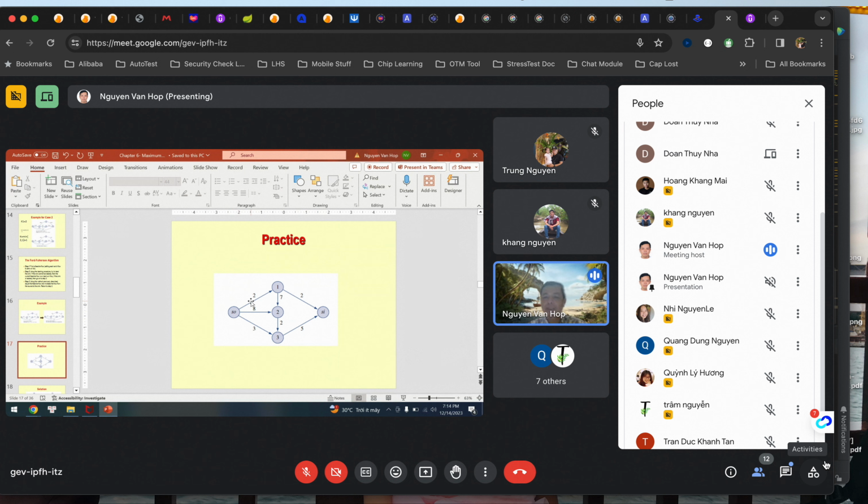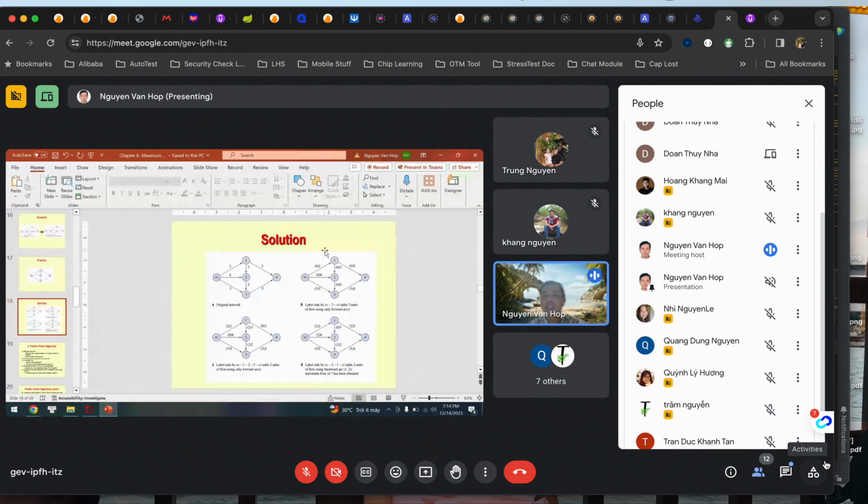At the beginning, for the feasible flow, we set every arc to 0, like this. And at the beginning, you label the sink by 3. Then we apply the reverse method, where we try to find K1 and K2 also.